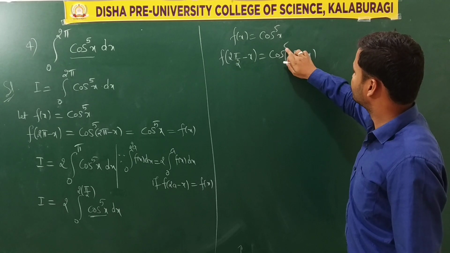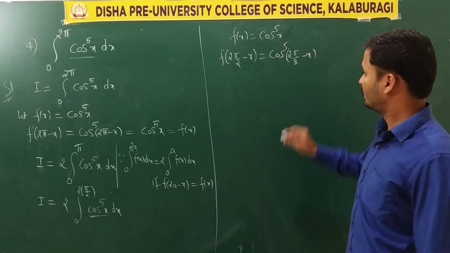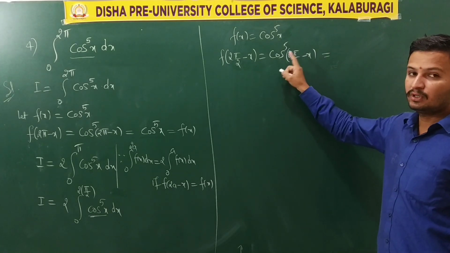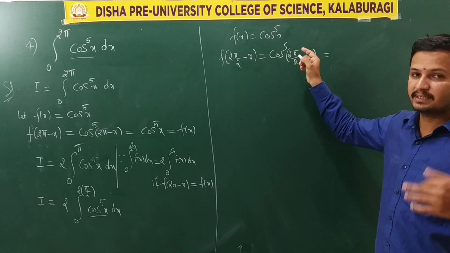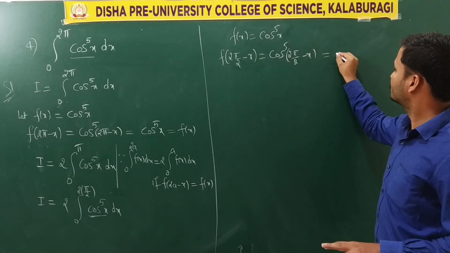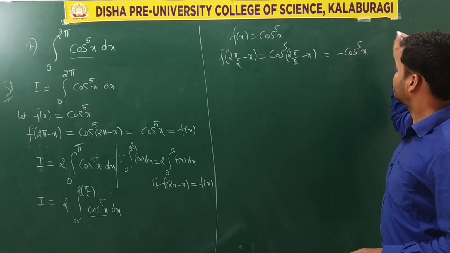In place of x, we need to substitute 2 into pi by 2. So 2 gets cancelled, that means pi. So cos of pi minus x, in which quadrant? It is in the second quadrant. In the second quadrant the cos function is negative.